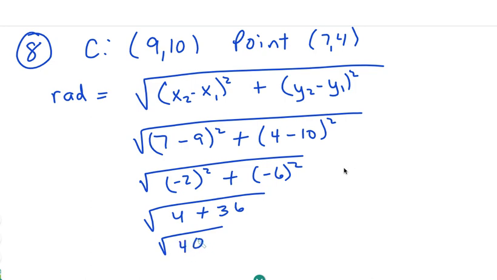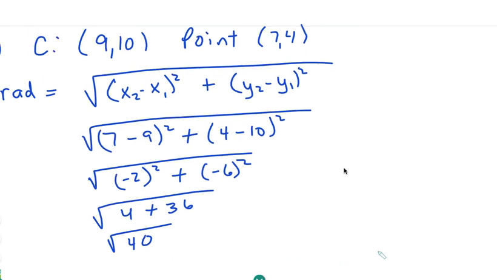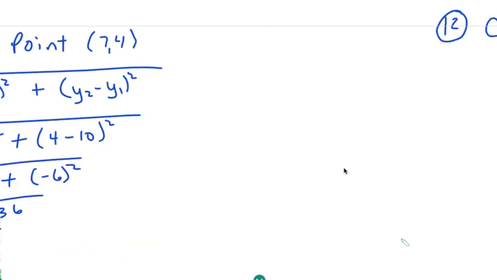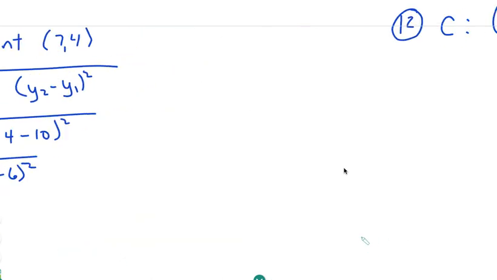So I'm going to look at substituting this in. Now I know what my radius is. My radius is the square root of 40. So I'm going to start with my formula. (x - h)^2 + (y - k)^2 = r^2.